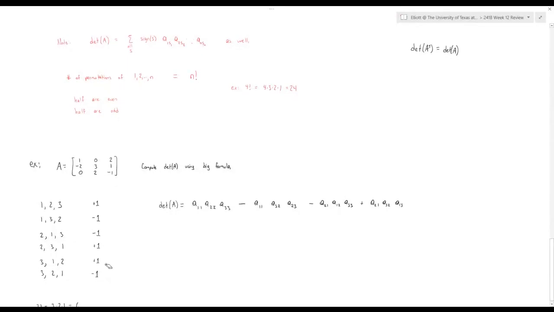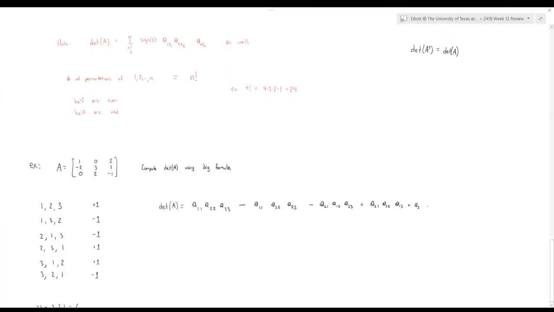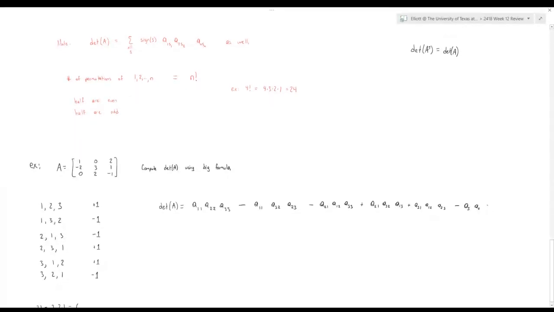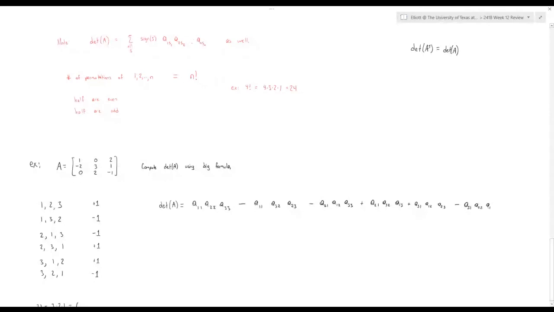Next one that I have here is plus. It's 3, 1, 2, and then 1, 2, 3. And then the last one is minus. And we have 3, 2, 1, 1, 2, 3. So this is the big formula completely written out.